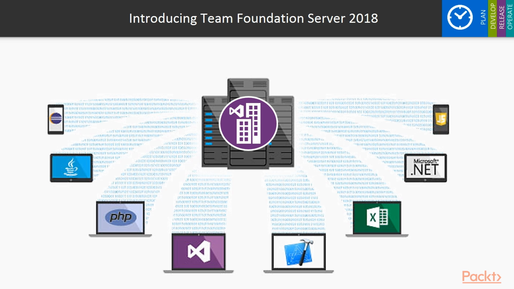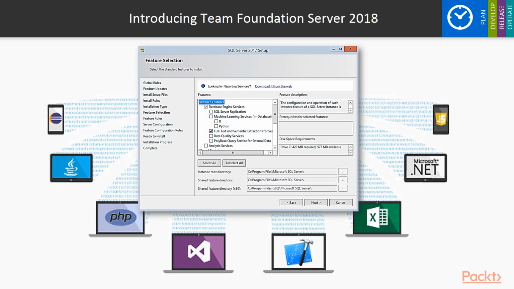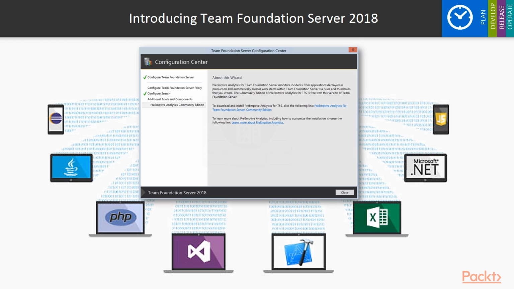now supports SQL Server 2017, which, as you can see, supports machine learning services in database for both R and Python. It's worth mentioning that the 2018 version requires 2017, and you need to remember to install the full text and search capabilities to do this installation correctly and to enable SSRS.